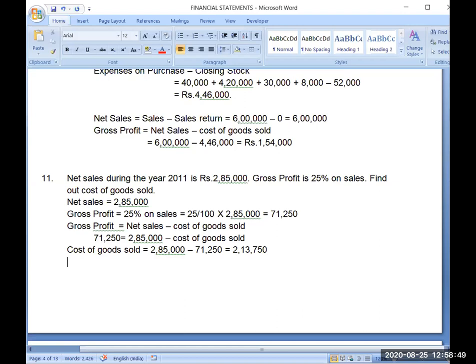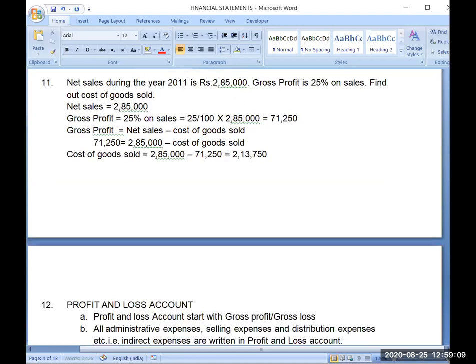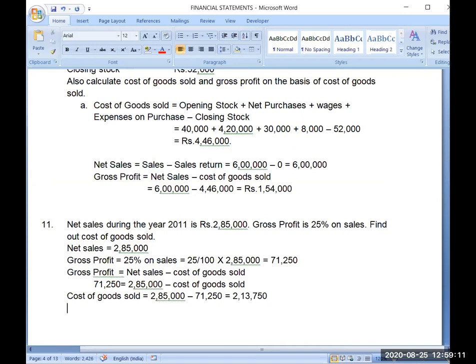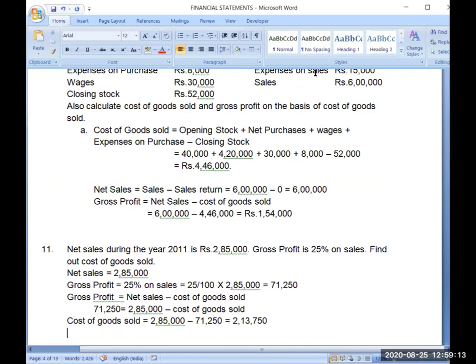If you will practice daily for 10 to 15 minutes, writing calculations in this manner or ask some elder one in your family, then obviously you will be expert in 20 to 25 days. So please practice trading account today. Tomorrow we will be starting profit and loss account.